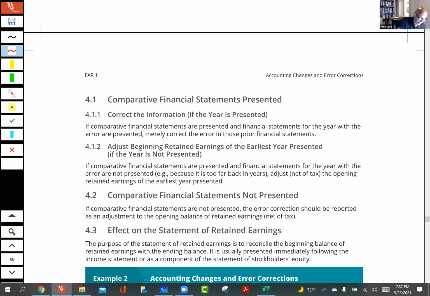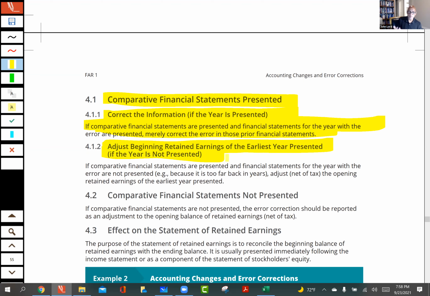Okay, and if comparative statements are being presented, correct the information if the year is presented. Comparative statements are presented and financial statements for the year with the error presented, merely correct the error in those prior period statements. Adjust beginning retained earnings of the earliest year presented if the year affected by the error is not presented.